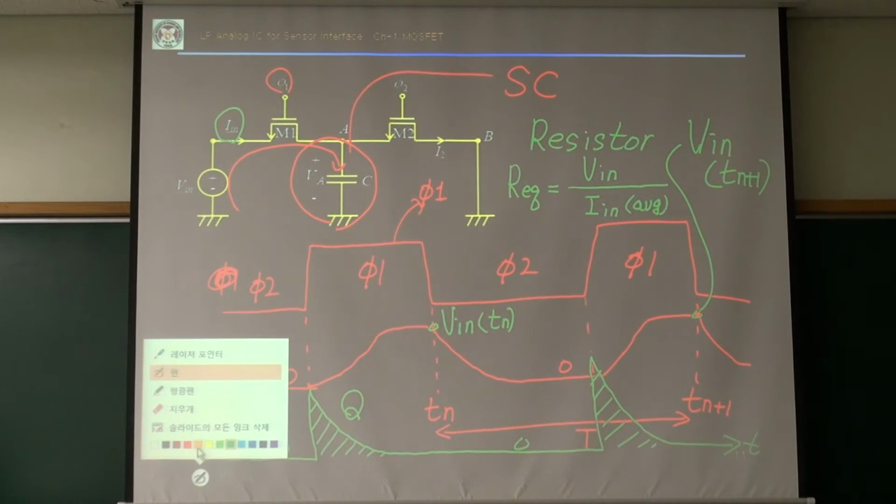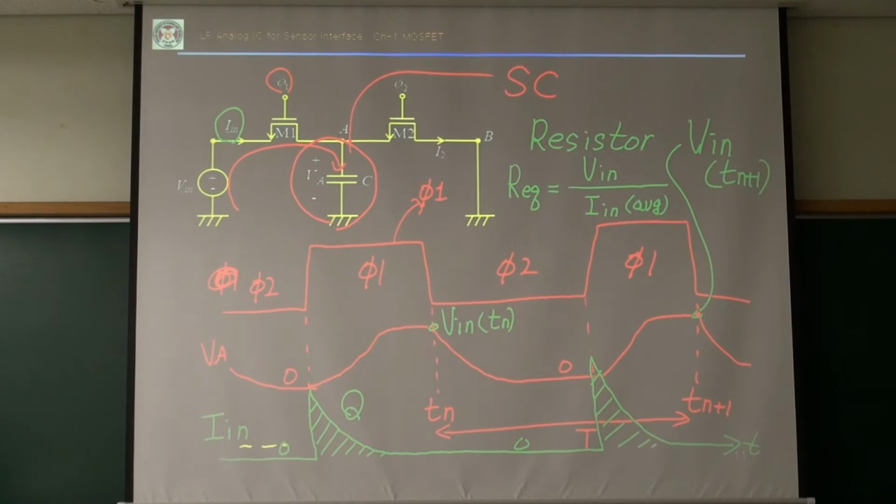We can claim the same Q here. So this is my average Iin here. The integration of this should be the same as the integration of this Q, right?